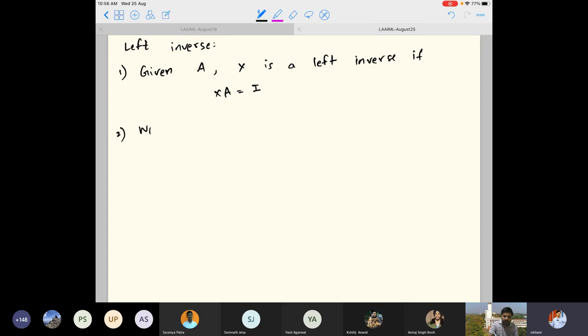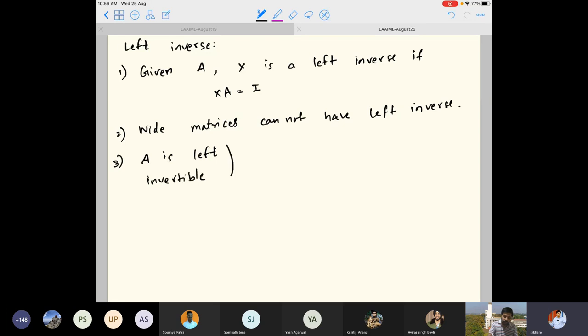Then wide matrices cannot have a left inverse. And why is that? That is true because if A is left invertible, this implies that the columns of A are linearly independent, right?